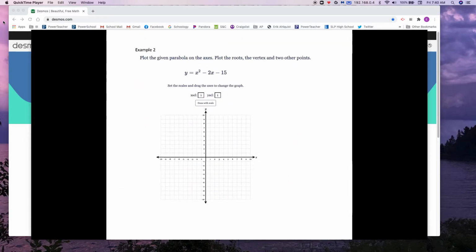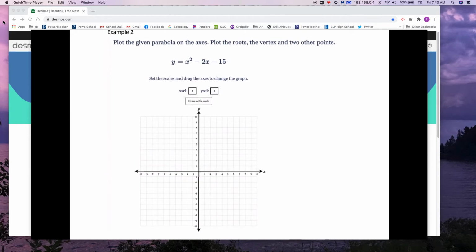Let's look at another one. Same kind of thing here. Plot the roots, the vertex, and 2 other points. Okay, so let's do the same kind of deal. We'll do it in a little different order, but let's find the y-intercept. The y-intercept is when y is equal to -15.